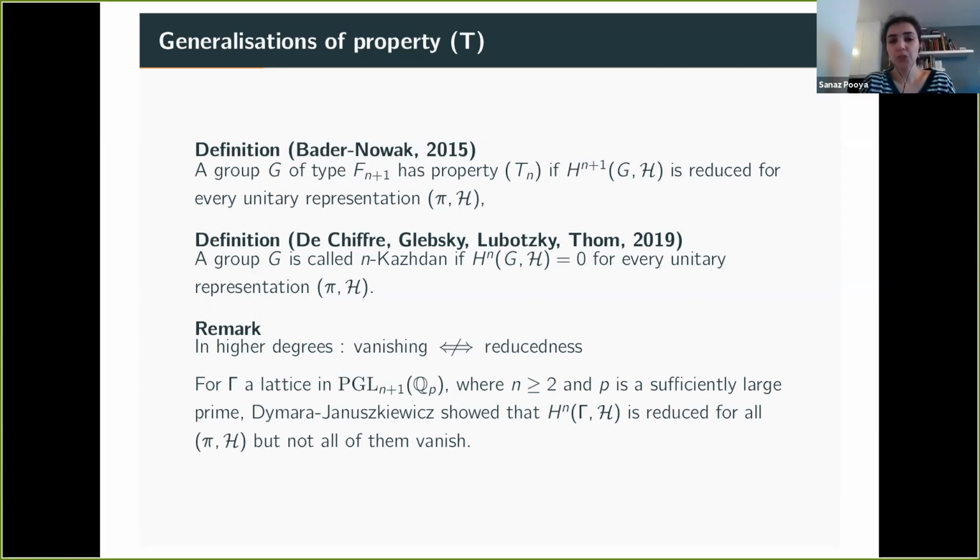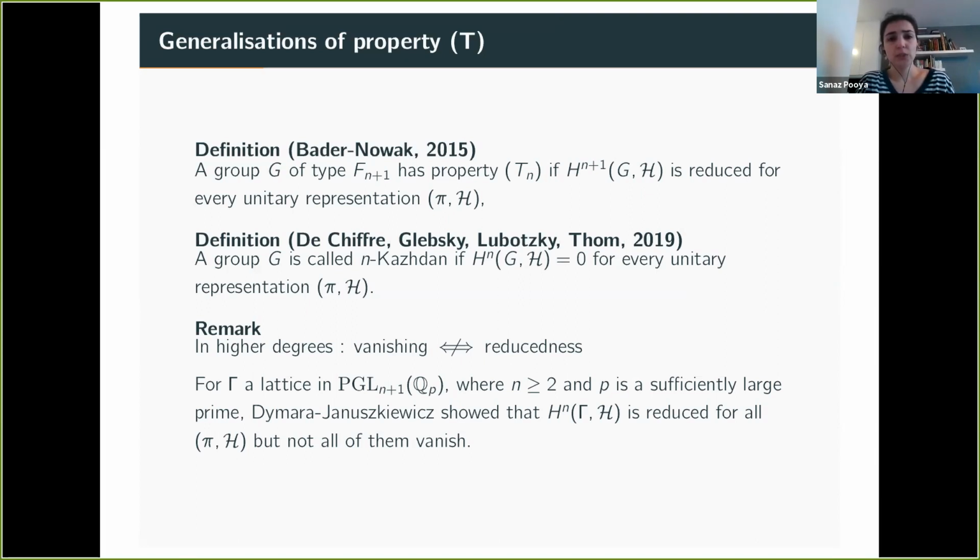Dymara and Januszkiewicz showed that H^n of Gamma with respect to any unitary representation is reduced, but it is not always vanishing. And in fact, there is one representation that one can take, and that is going to be a witness for this non-vanishing. So we will come back to this example later.